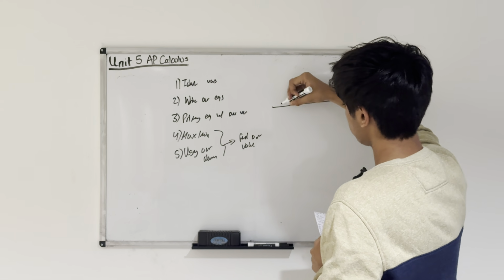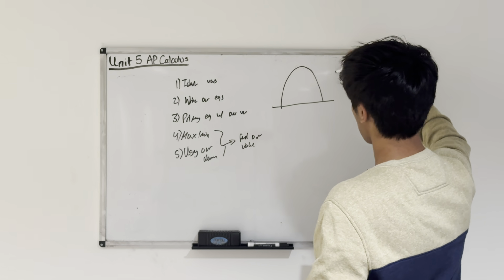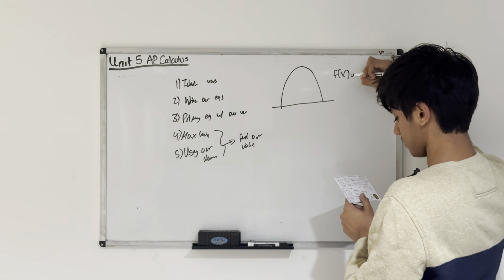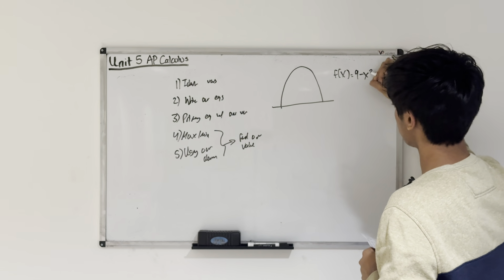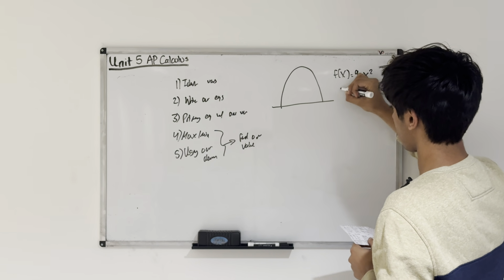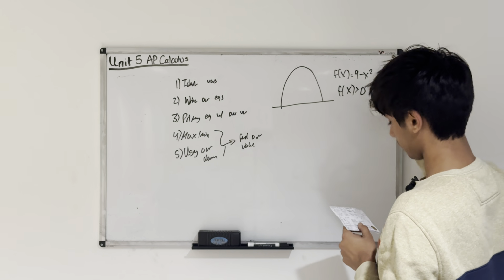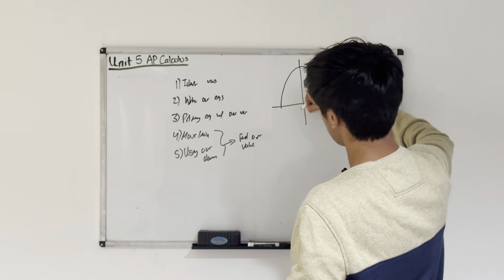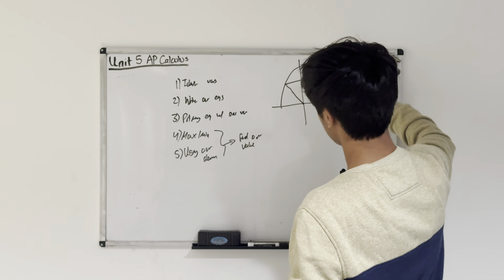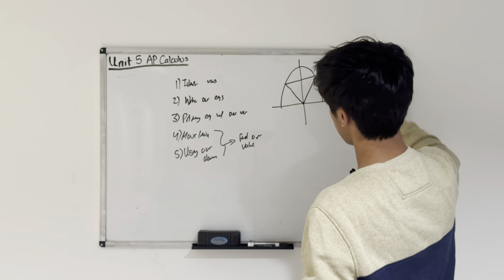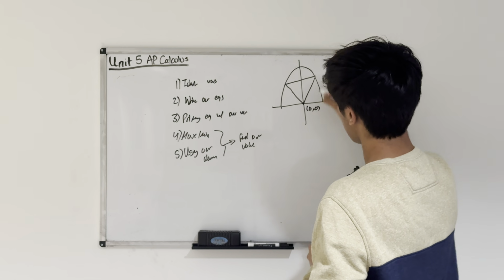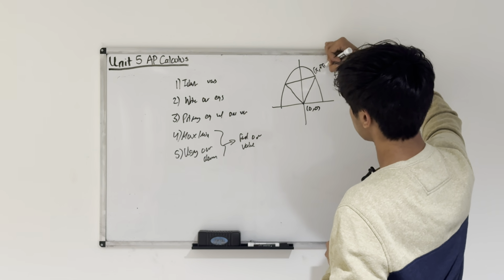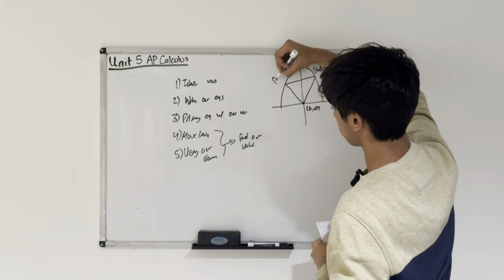Let's say we have a function like so. f prime of x is equal to 9 minus x squared, where f prime of x is greater than 0. And let's say that inside this function is a triangle, like so, with points at (0, 0), (x, f of x), and (negative x, f of x).